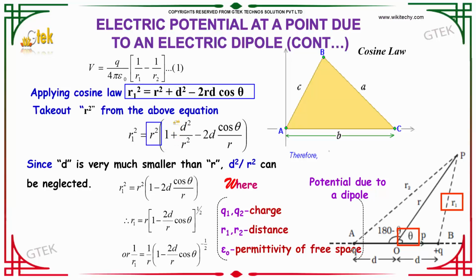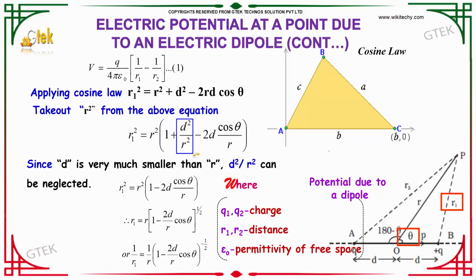If you take R square out from the previous equation, this becomes 1 plus D square divided by R square minus 2D cos theta divided by R. Since D is very small when compared to R, the term D square divided by R square can be neglected.